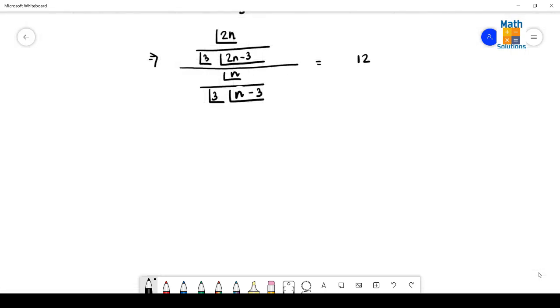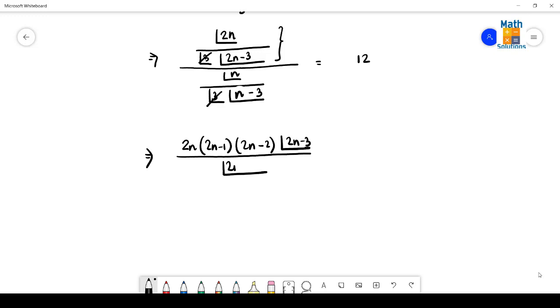Now, arranging the terms properly, what do I get? See, this factorial 3 already got cancelled. Then in the first part, I can break the terms like this: twice n, then twice n minus 1, twice n minus 2, then factorial twice n minus 3. The whole thing is divided by factorial twice n minus 3, and the denominator will come up now.